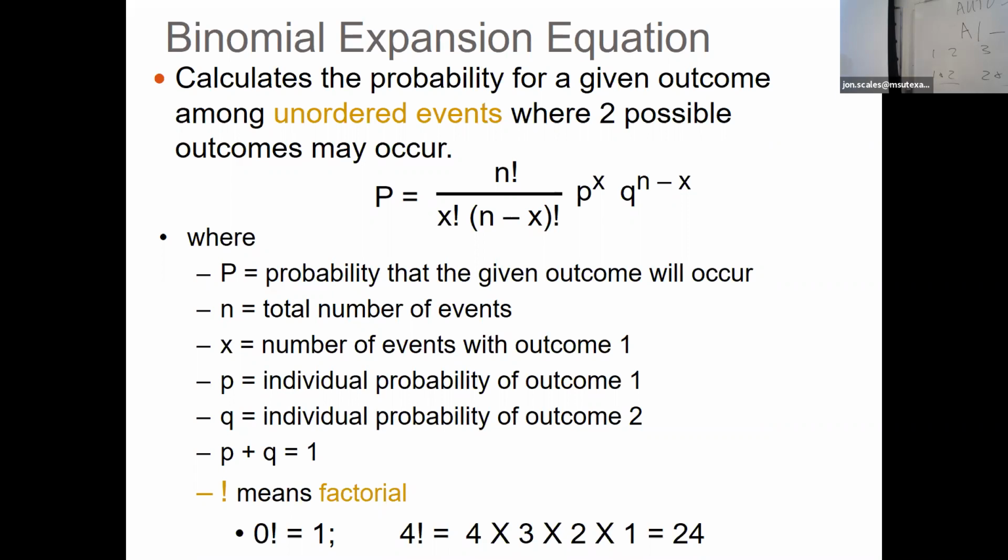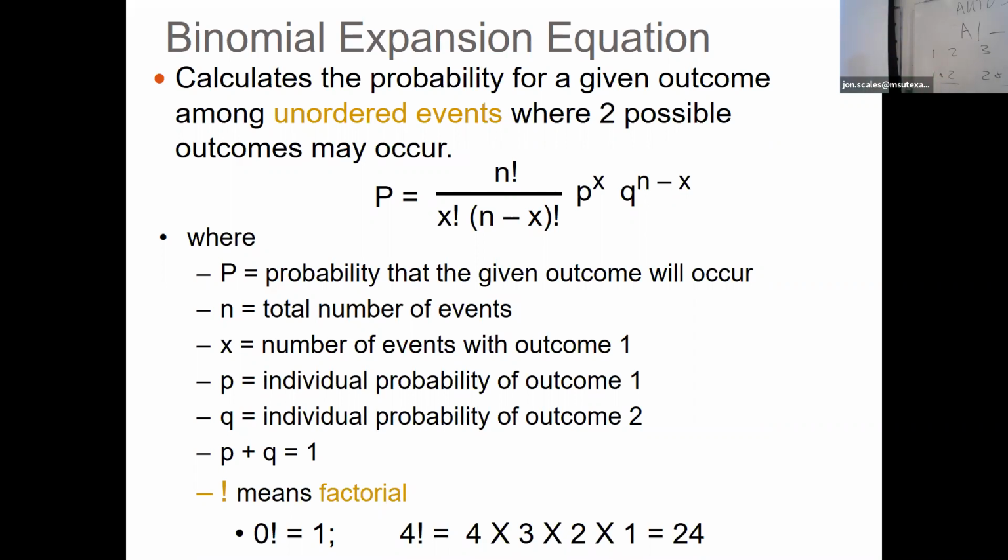And order doesn't matter. 4, 3 is not different than 3, 4. All right? To get that, you use factorial. And if you haven't had algebra ever, factorial means you multiply all of the integers, including that integer, down to 1, multiply them together. So 0 factorial is defined to be 1.